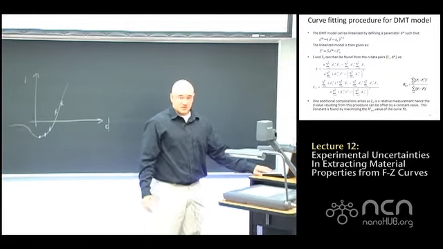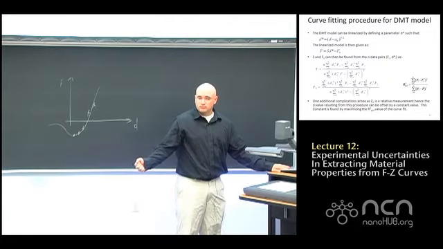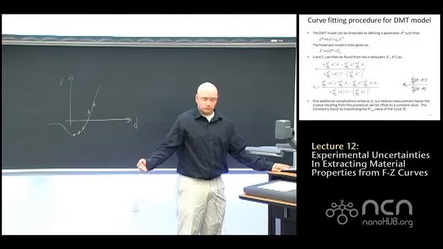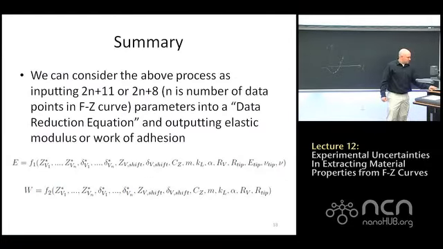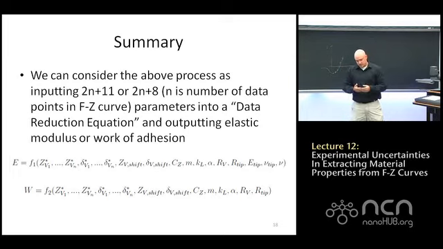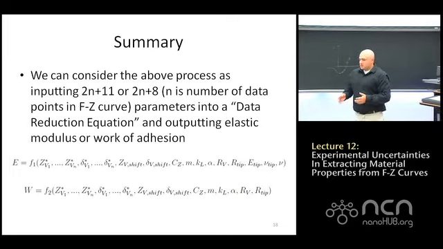So is this clear to everybody? All right. So we do the curve fitting. Let me just take a step back for a second. We've done the curve fitting, and at the end of the day, we have all of our inputs to the curve fitting.